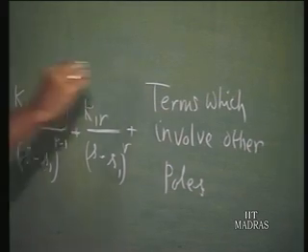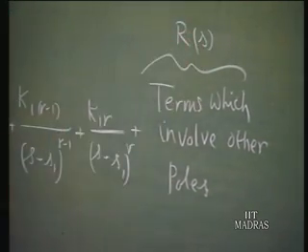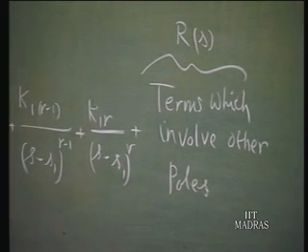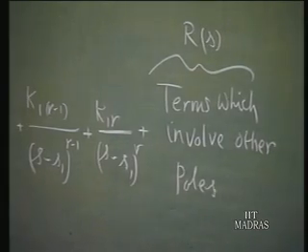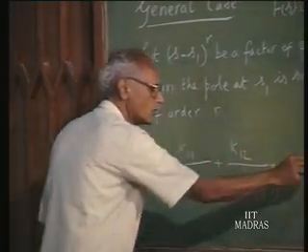Let me call this group of terms R of s, because our focus now is on how to calculate k11 to k1r. We are not interested in the other terms. So our discussion will center around methods of finding k11, k12 up to k1r.